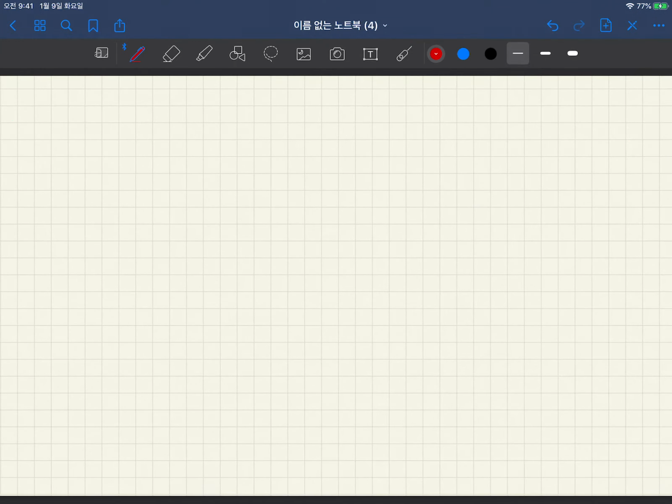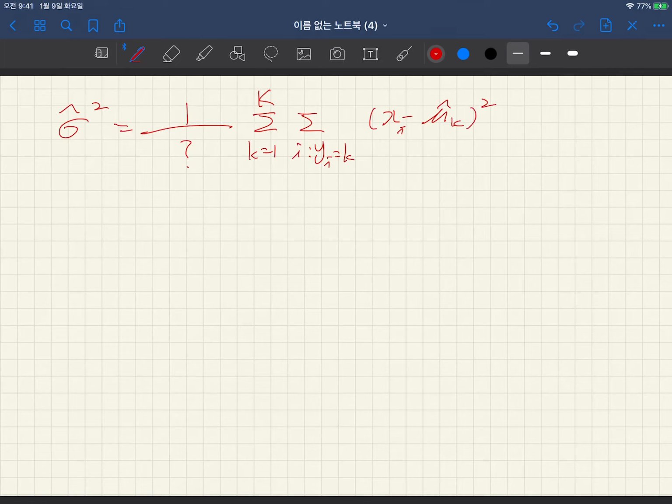Let's look at another example. In the LDA example, we estimate sigma hat square from 1 over something times the summation from k equals 1 to capital K, sum over i such that yi equals small k, of the norm of xi minus mu hat k, squared.